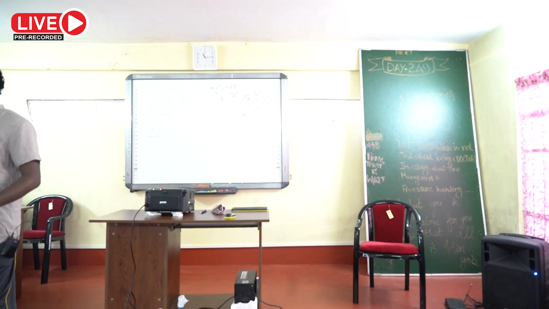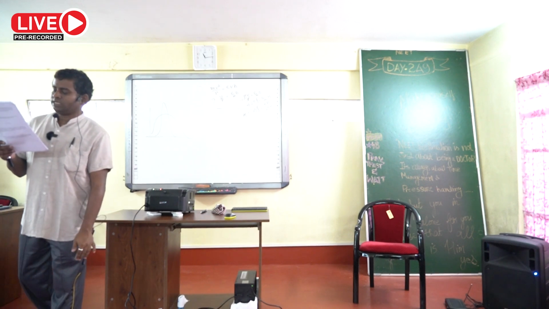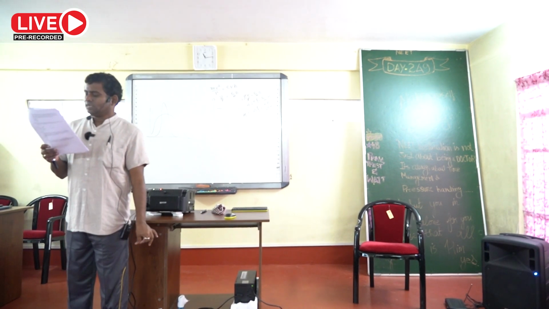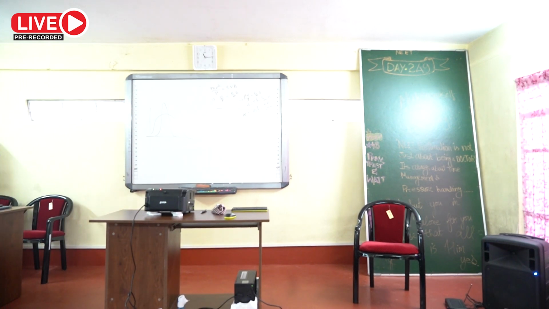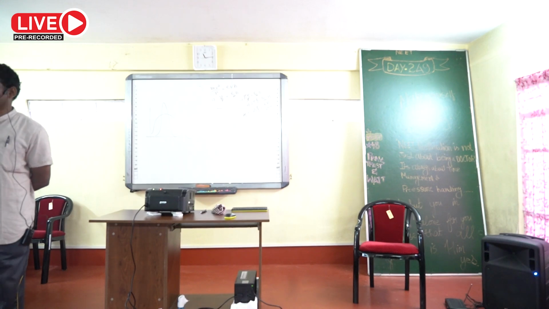Next, the interference pattern is obtained with two coherent light sources of intensity ratio n. Find the ratio of Imax minus Imin by Imax plus Imin. This one is actually a very common question. So write down the expression for I in interference.